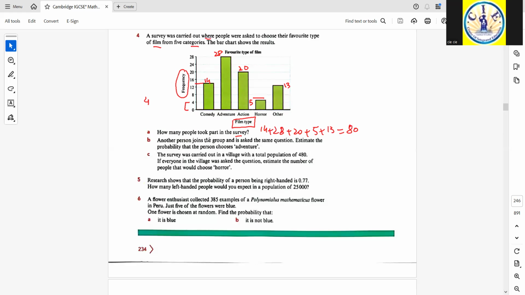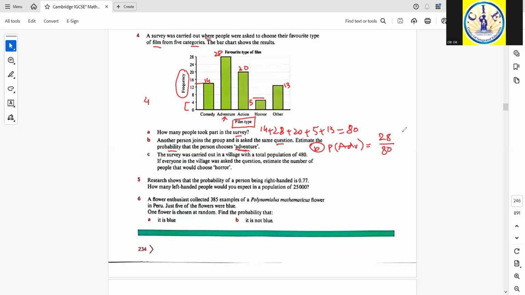Okay, another person joins the group and is asked the same question. Estimate the probability that the person chooses adventure type of the film. This one. So probability that he likes adventure. Since from the previous case, 28 people liked adventure type of films out of total 80.